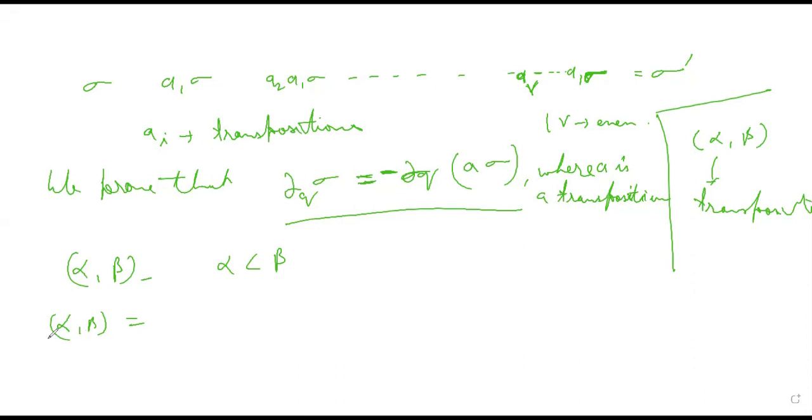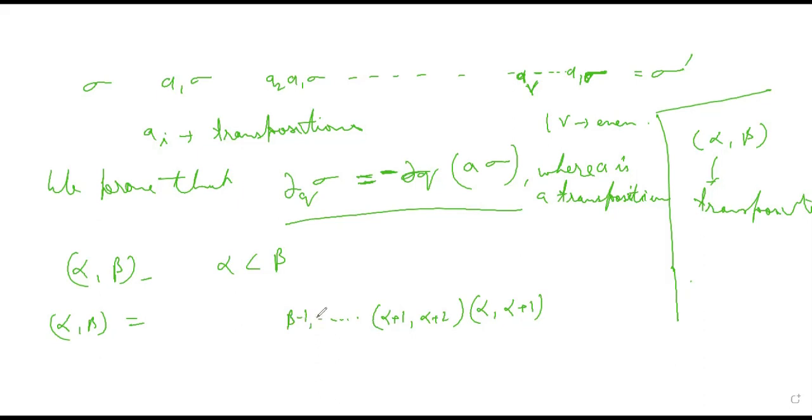First, alpha, alpha plus 1. Then you apply alpha plus 1, alpha plus 2, and continue like this, keep increasing, and in the end you will have beta minus 1, beta.